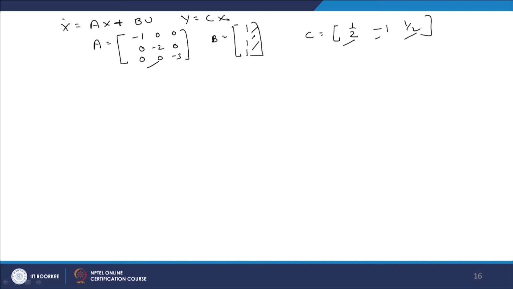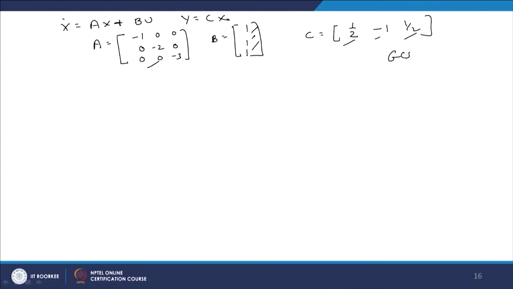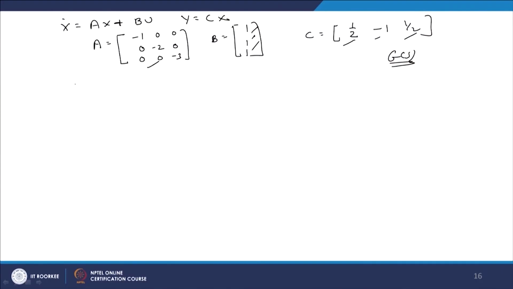And now we want the transfer function model, that is we want G of s. So, now we will follow the steps which I have discussed earlier. The first step is we write sI minus A. So, what is sI minus A? sI minus A equals s plus 1 0 0, 0 s plus 2 0, 0 0 s plus 3.